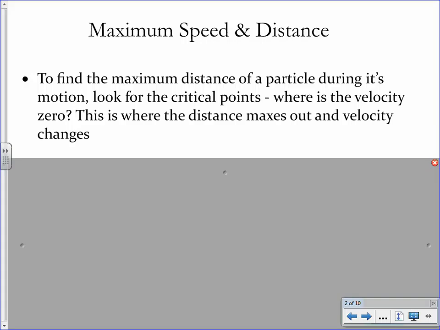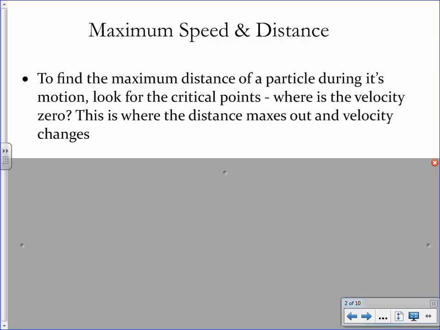What if I asked you to find the maximum speed? First we think about velocity and that derivative. But then what's going to be different about checking our critical points?